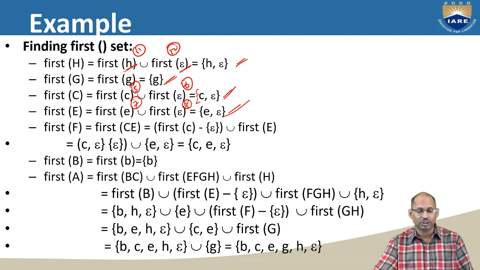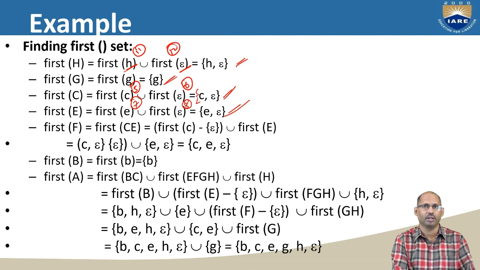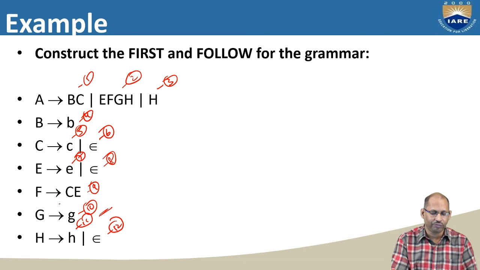Then first of F is first of C, so first of C minus epsilon. What is the first of F?